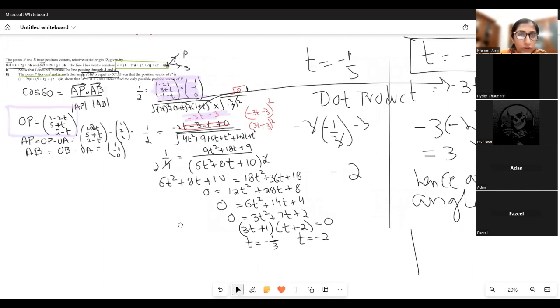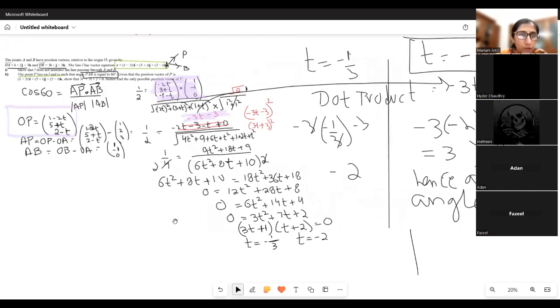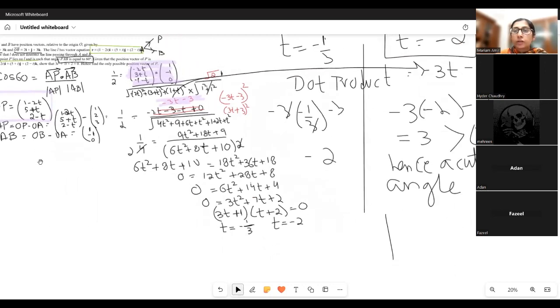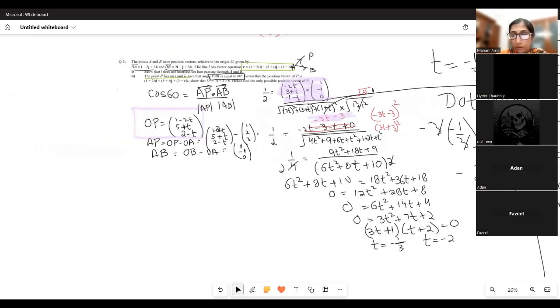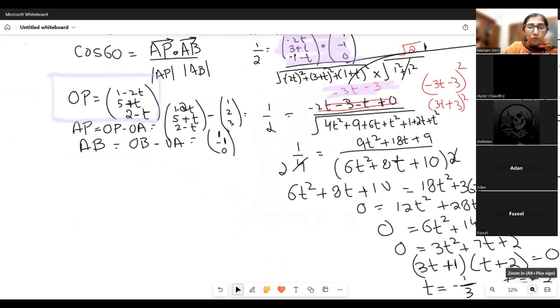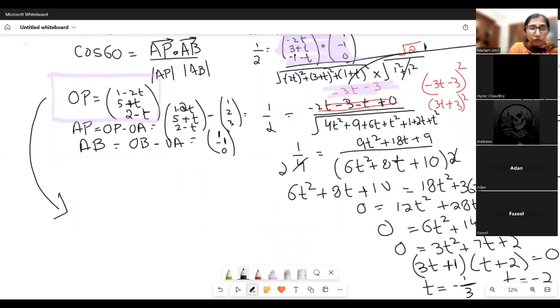Hence find the only position vector of p. So this is OP. Now in place of t, you substitute -2. Let's do that. And that would be our answer. So OP would be, now t is -2.